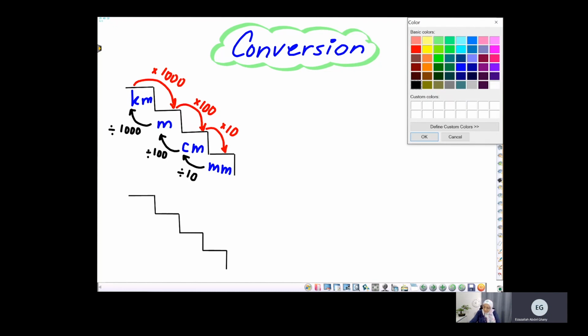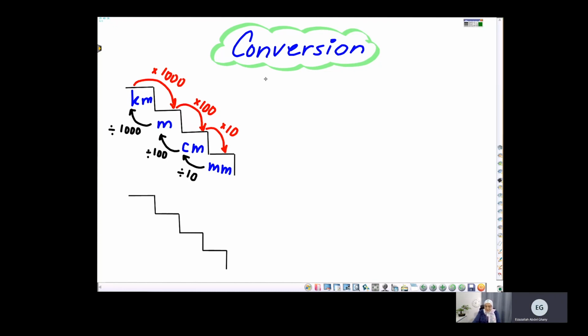Let's go. Convert 3 kilometers into meters. And then it's a quiz, okay? We'll convert 82 centimeters into meters.